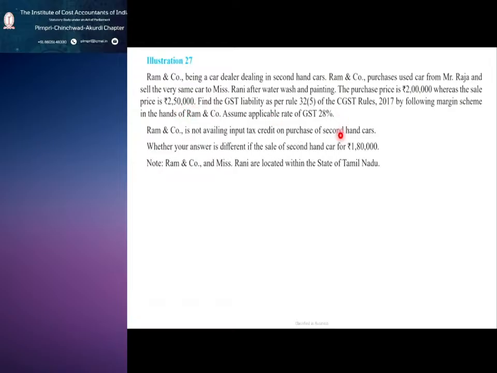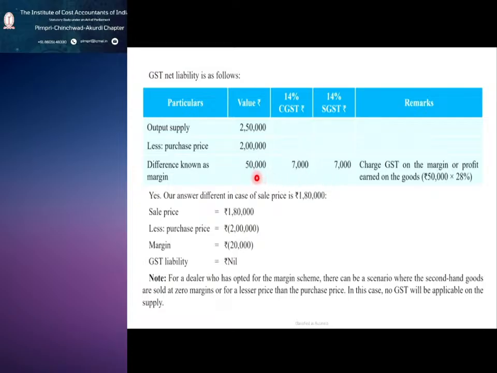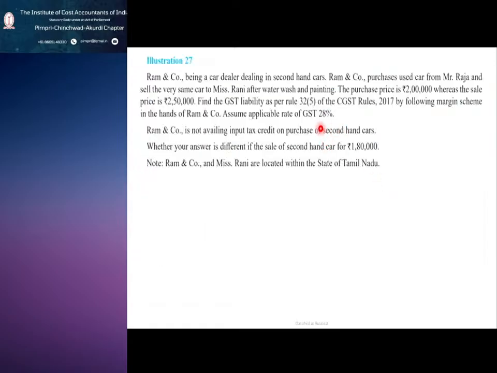So the margin here, how much he gets? 50,000. So on 50,000 CGST, SGST. Okay. So GST they have given 28. If they give 28%, it is 14% CGST, 14% SGST.